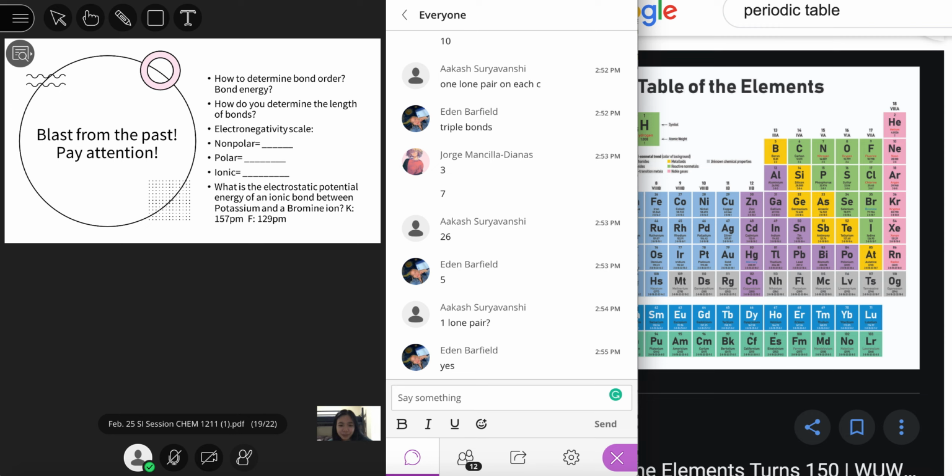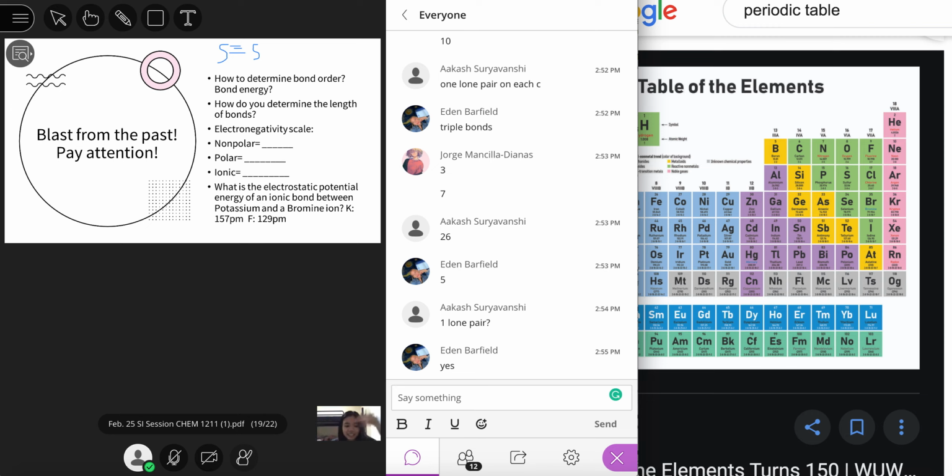What would you do? Bond order. So you have C or S. What's the bond order of this? How do we know? This one's pretty easy. How do you determine bond order?